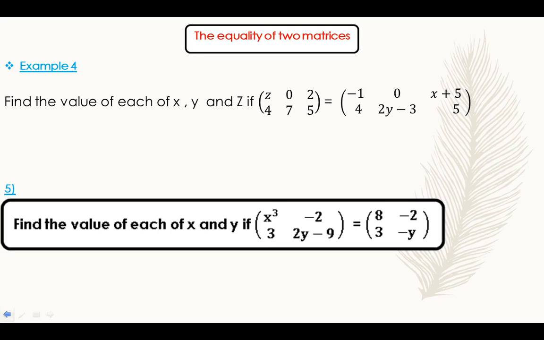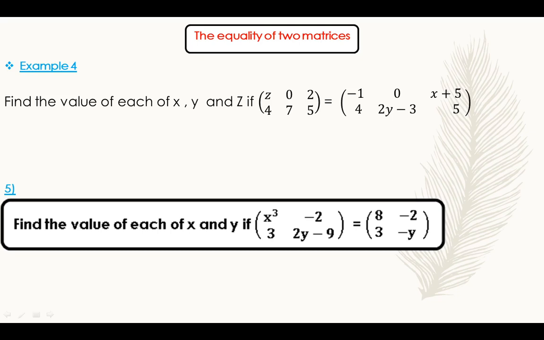Here, for example 4, find the value of each of x, y, and z if the first matrix is z, 0, 2, 4, 7, 5, and the second matrix is negative 1, 0, x plus 5, 4, 2y minus 3, and 5.